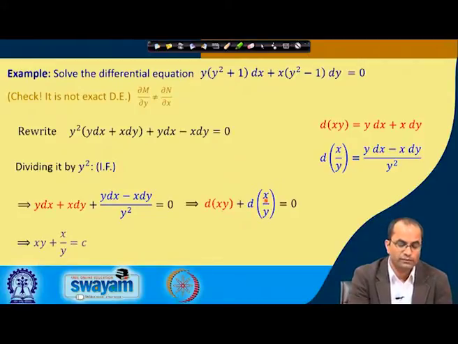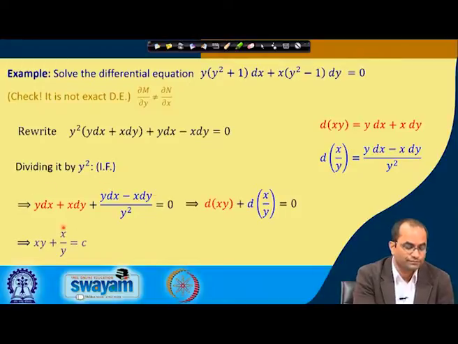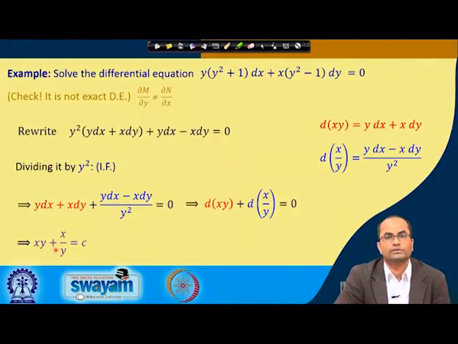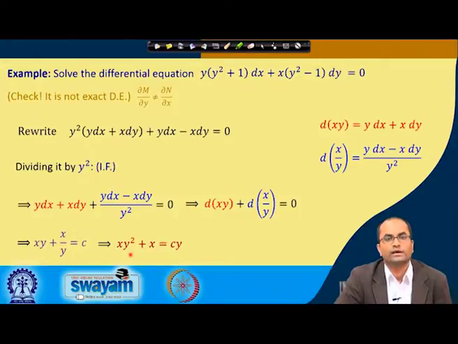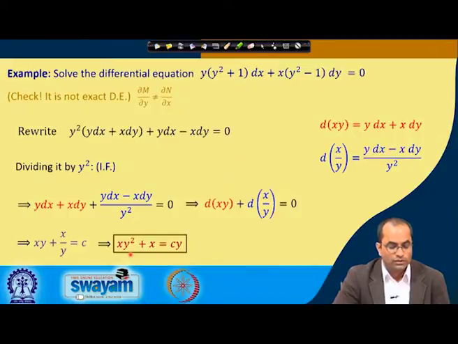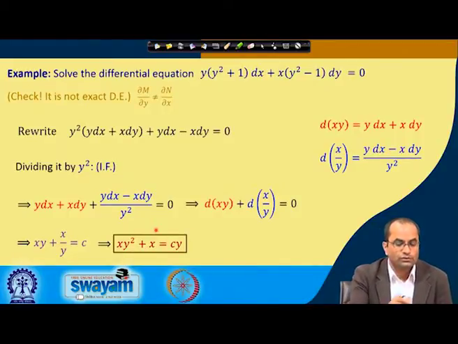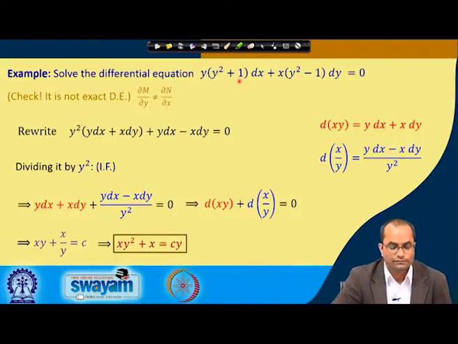Here xy + x/y is our f, whose differential is this one, and it is equal to some constant. So, this is the solution of the differential equation. Again, we can multiply by y to get this form: xy² + x = cy. This is the solution of the given differential equation.